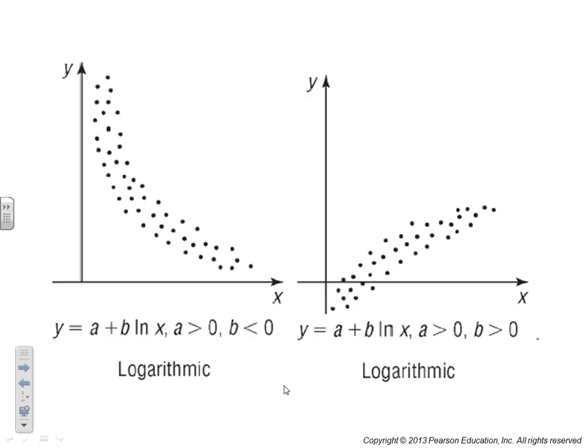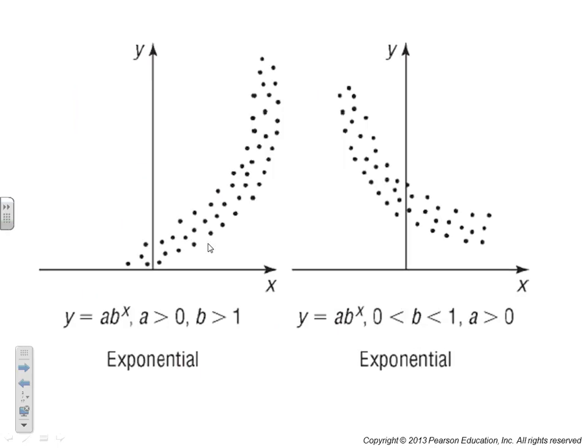The logarithmic function, y equals a plus b natural log of x, when a is greater than 0 and b is less than 0, has a downward curve. And just to make a little note, that's different than the downward curve from exponential.